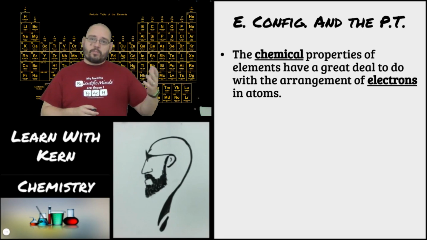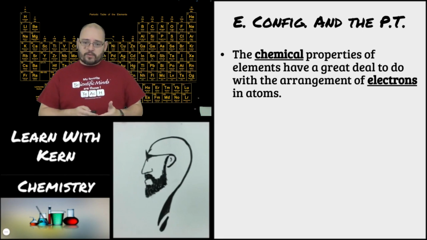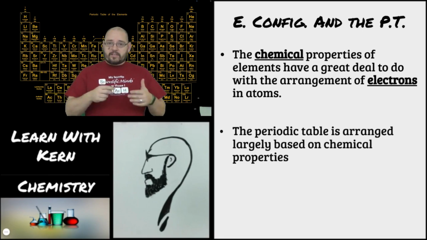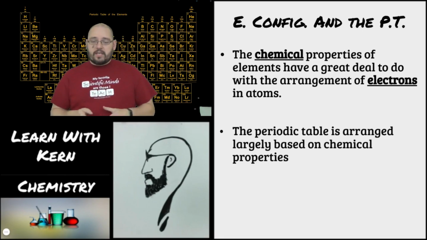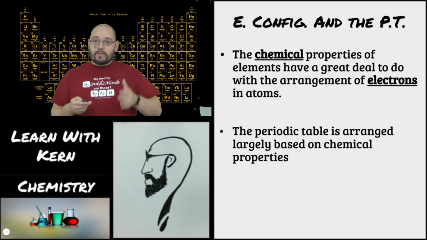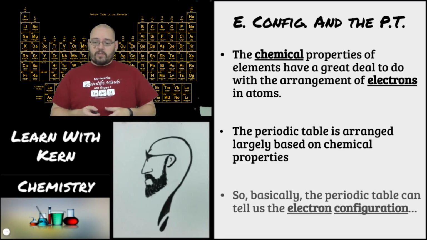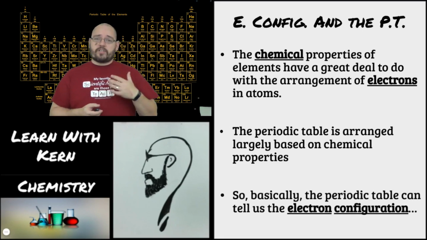And since the chemical properties are determined by the arrangement of the electrons, and the periodic table is arranged based off of the chemical properties of the elements, it's easy for us to say that the periodic table itself will tell us a lot about the electron configuration and help us write that.